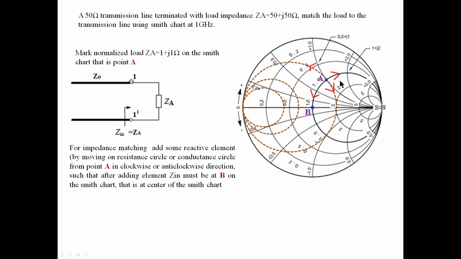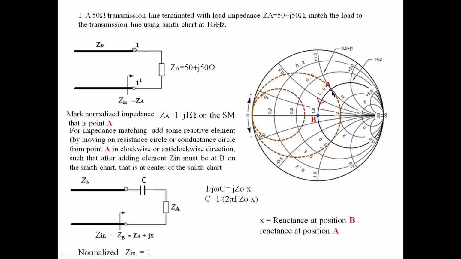First we should identify that. In which direction I have to move, first we should identify the conductance circle and resistance circle passing through the point. Afterwards, we decide on which circle we should move, the resistance circle or the conductance circle. That we will decide next.